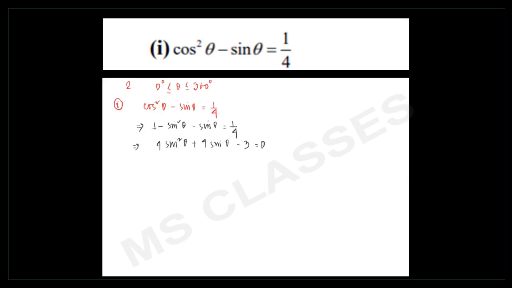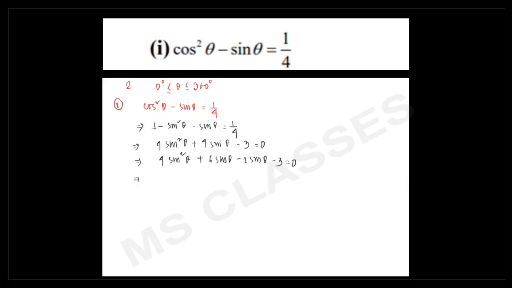And from this, we can factorize this, that is 4 sin square theta plus, now 4 threes are 12, and we have to split them into two factors such that the difference is 4. So that is what? 6 sin theta minus 2 sin theta minus 3 equal to 0.